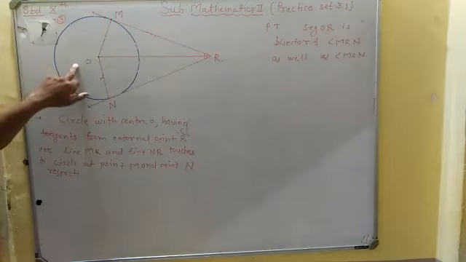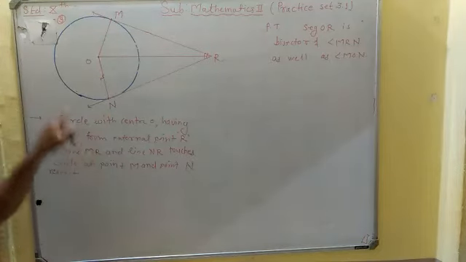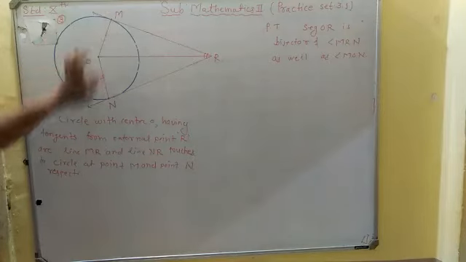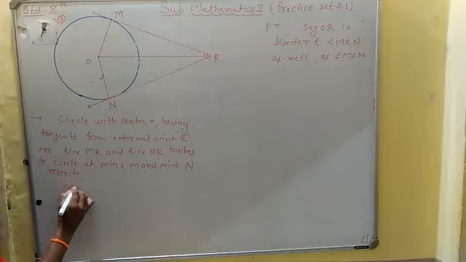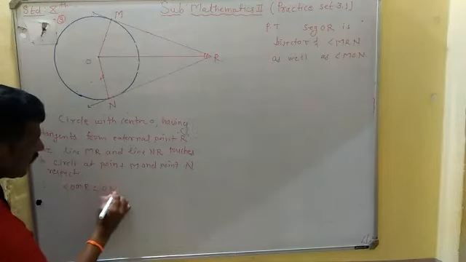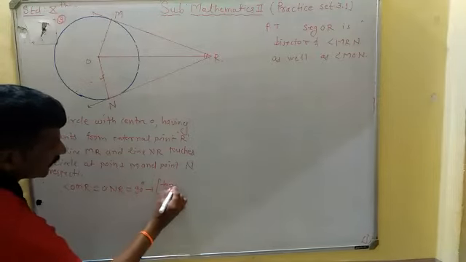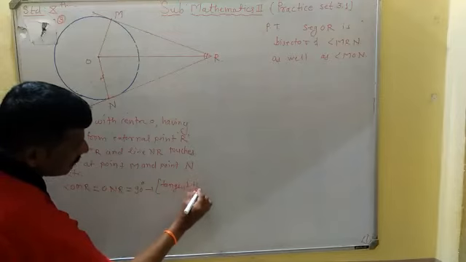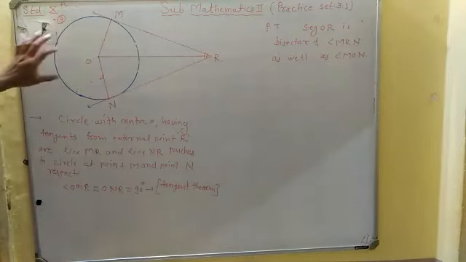Circle with center O having tangents MR and NR from external point R touches the circle at M and N respectively. Therefore, we write here angle OMR is equal to angle ONR is equal to 90 degree. Give the result: tangent theorem.